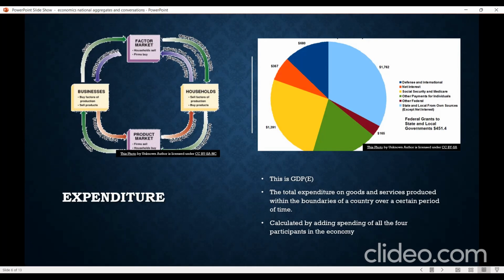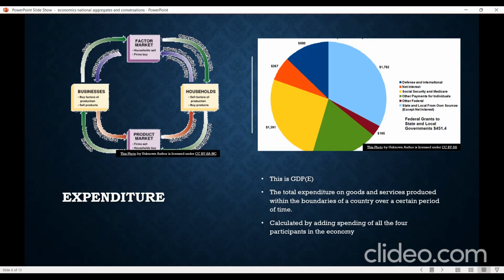We look at all those participants in the economy, and we add up each and every spend. Now, if you look at this circular flow model, it shows some of our participants in the circular flow.